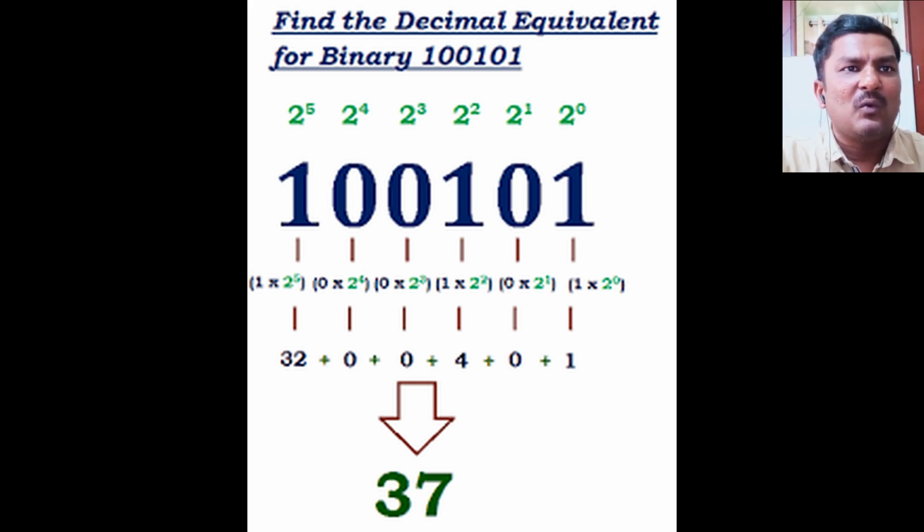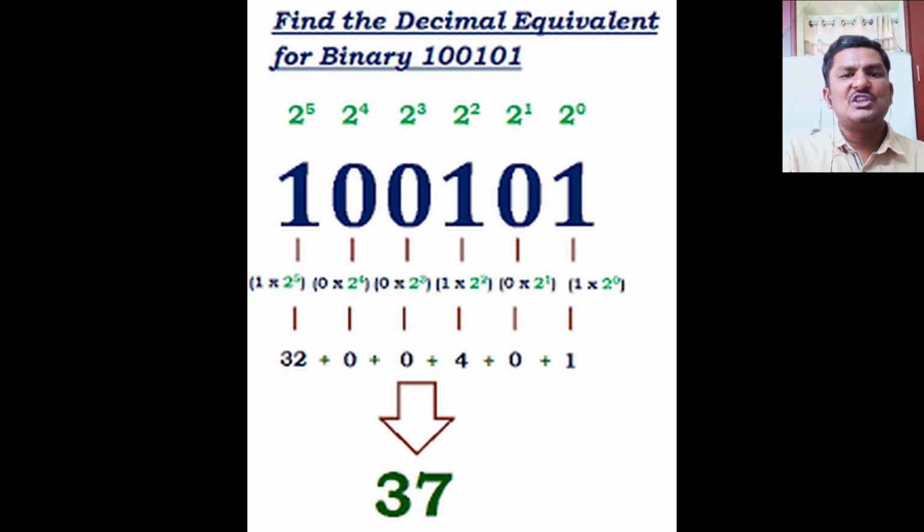So 1 into 2 power 5, plus 0 into 2 power 4, 0 into 2 cube, 1 into 2 square, 0 into 2 power 1, 1 into 2 power 0. 2 power 5 is 32, so 32 into 1 is 32, plus 0, plus 0, plus 4, plus 0, plus 1, which gives 37.